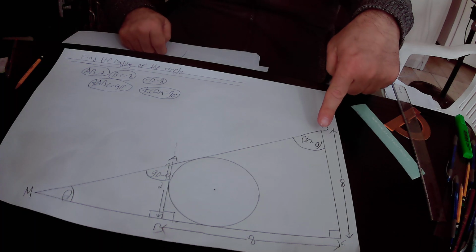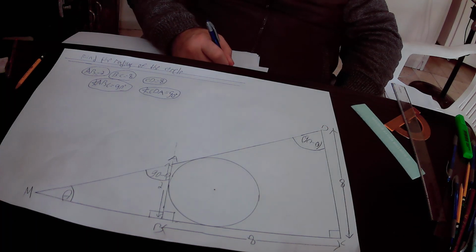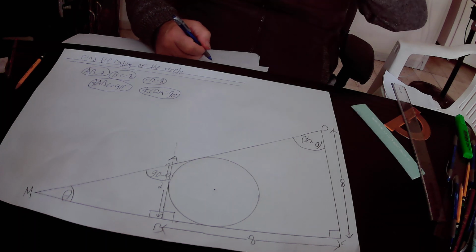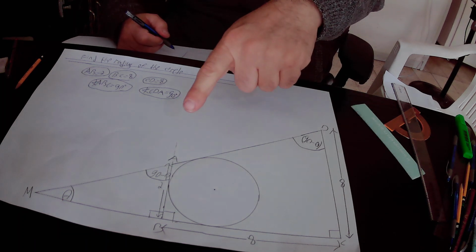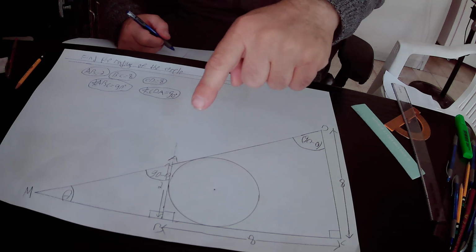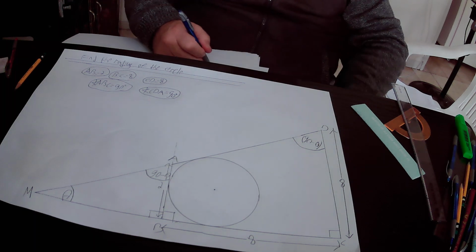So actually this is angle MDC in the right big triangle DCM, and it is equal to this angle, that is actually angle MAB in the right small triangle MBA.